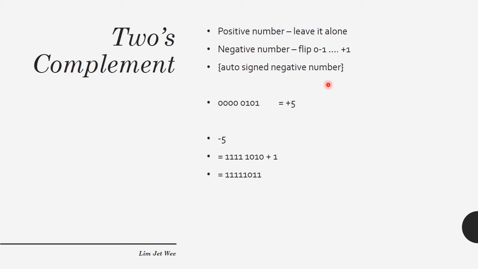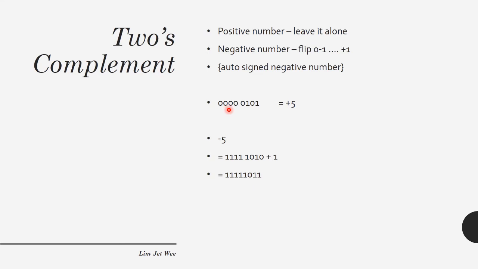Now, what I have here is a small example, positive 5. Let's say I'm using 8 bits to represent this number, positive 5. So 5 is 101, but since I'm using 8 bits, I have to put all the other zeros in front.